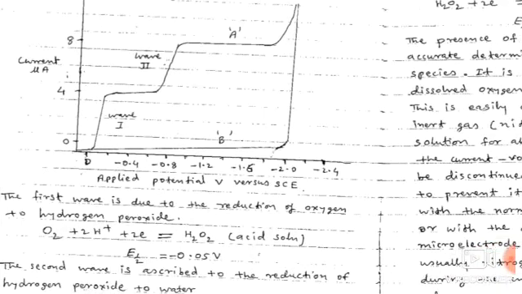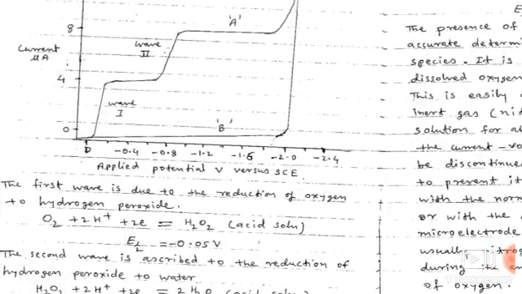The first wave is due to the reduction of oxygen to hydrogen peroxide. That is, O2 + 2H+ + 2e- gives H2O2 in acid solution, which has the potential E half equal to minus 0.05 volt.